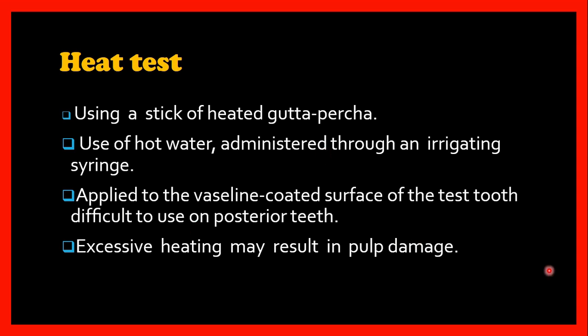These tests are also difficult to perform on posterior teeth. The heat test is most useful when the patient comes to the clinic saying, I am having severe dental pain upon contact with any hot liquid or food. That tooth will exhibit an immediate intense pain when tested with heat.